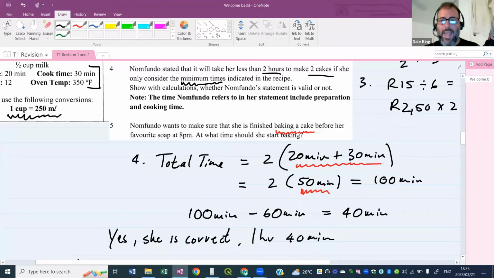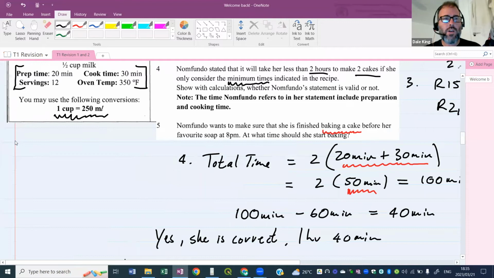So you're talking about a cake, not 2 cakes here. The question is saying a cake, which is singular. All right, so what do we do? Well, let's have a look and write something down on the side. I'm going to do question 5 over here. Okay, so if we do this accurately, then we need to take 8 p.m. Right, I'm going to write it like this. In fact, p.m. should be 2000 hours.